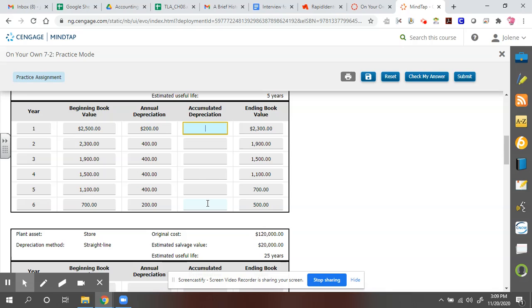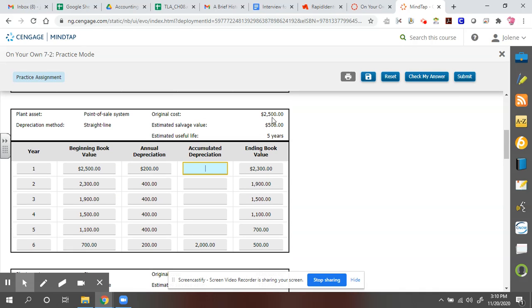So this should be 2,000 when we get there, right? Because we started off with $2,500. They want to say that it's worth 500 when they're finished with it. So you subtract those two, and the total that we're having to depreciate is 2,000.